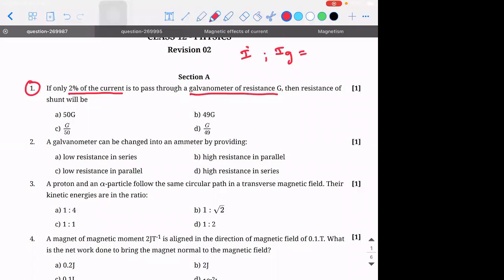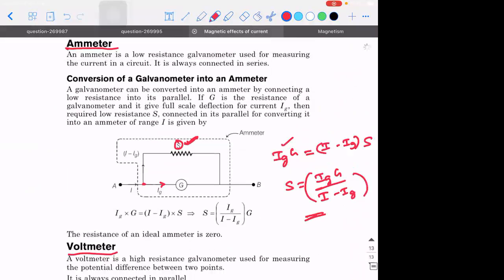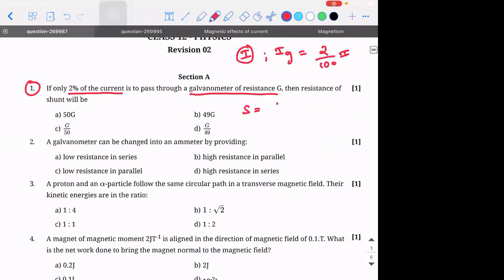Two by 100 of I. That's right. 2 by 100 of I is the amount of current that should flow through the galvanometer. So they're asking S is equal to how much? What is the formula? Just now we saw, Ig into G divided by I minus Ig.